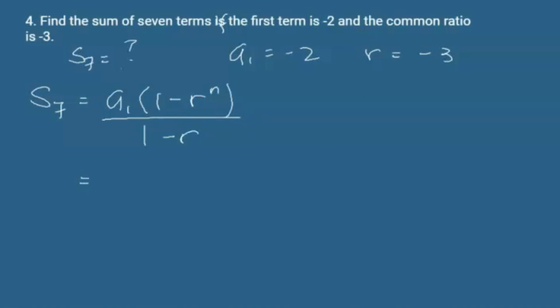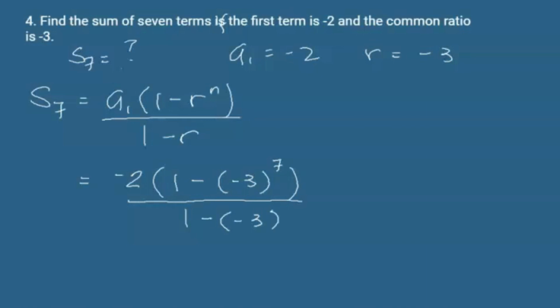Let's substitute our given. A sub 1 is negative 2, 1 minus the common ratio negative 3, I'll enclose that in parentheses, raised to the 7th power over 1 minus negative 3.